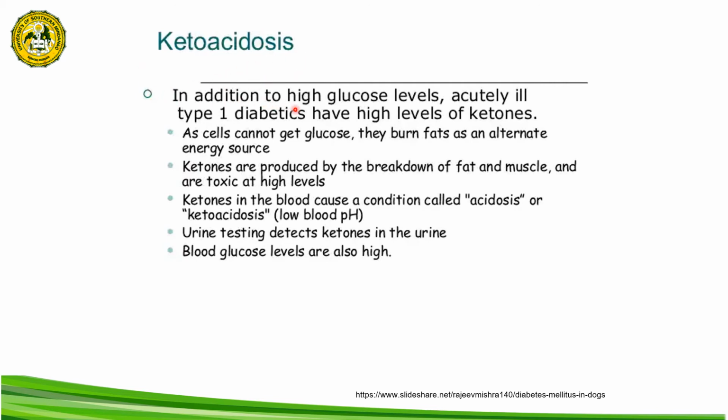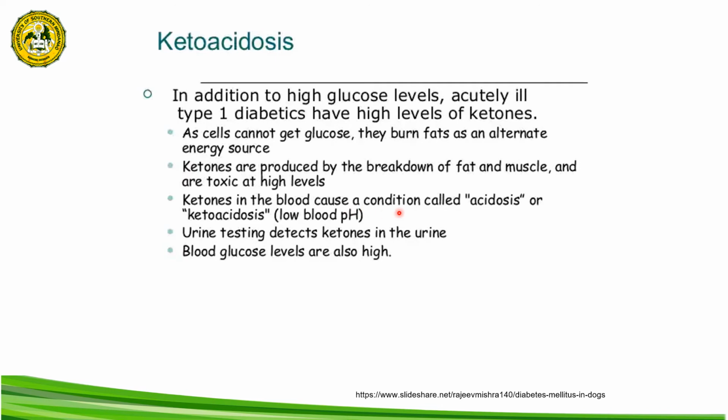In addition to high glucose levels, acutely ill type 1 diabetics have high levels of ketones. As cells cannot get glucose, they burn fats as an alternate energy source. Ketones are produced by the breakdown of fat and muscle and are toxic at high levels.